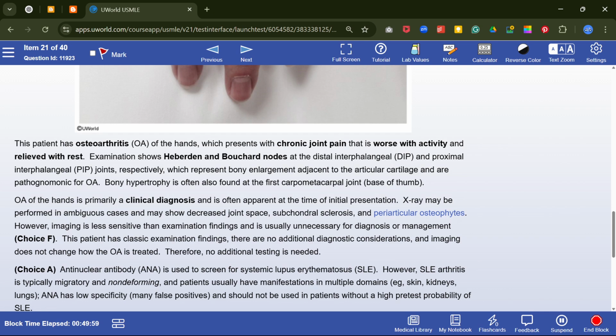However, imaging is less sensitive than examination findings and is usually unnecessary for diagnosis and management.